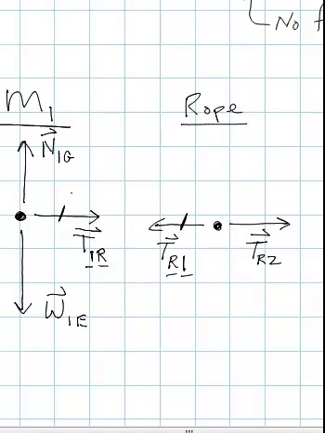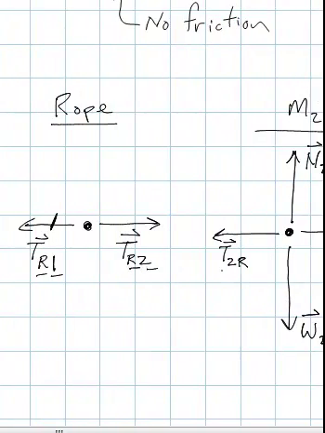So I know that those 2 are a Newton's pair and have the same magnitude. I also see there's a tension that interacts the rope with M2 and M2 with the rope. So we've got those 2 tension forces, and I'm going to put 2 little lines there because those are also a Newton's third law pair, and they're going to have the same magnitude.